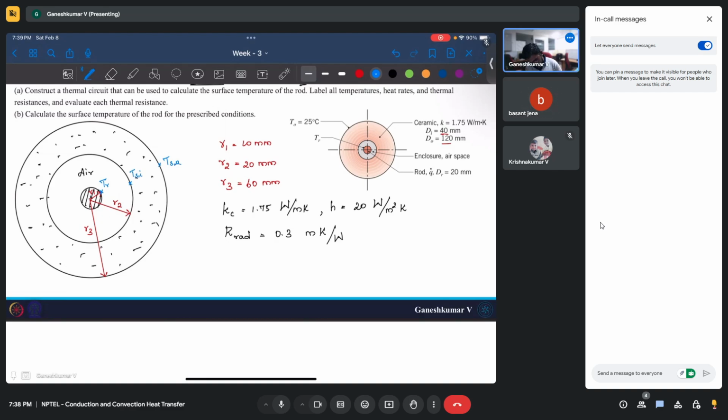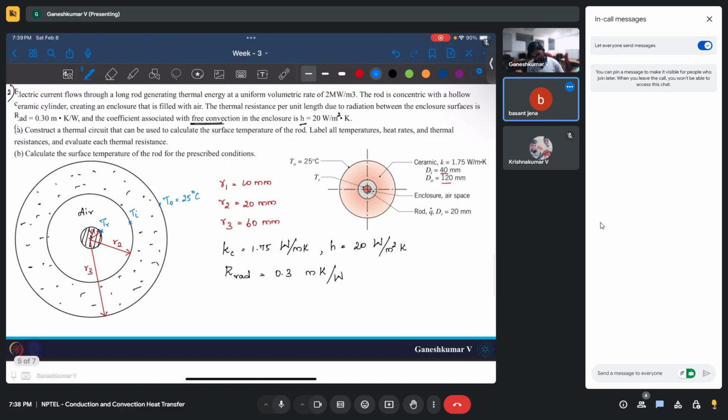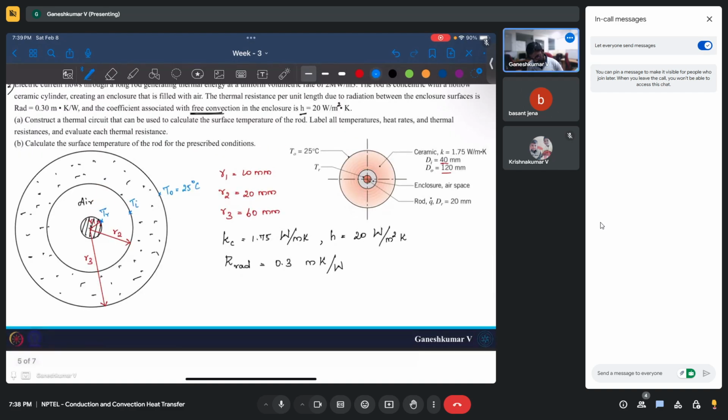T naught is given, so we can write this as T naught, which is 25 degrees Celsius. Outside there is no convection; they have given 25 as a surface temperature. This we can say as Ti, the inside surface. We have air flowing through it, and we are not pushing the air, but natural convection is doing it.